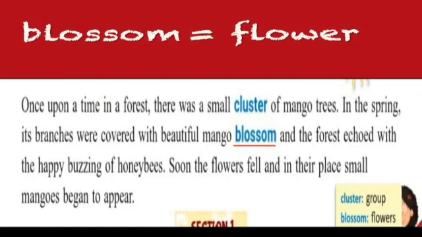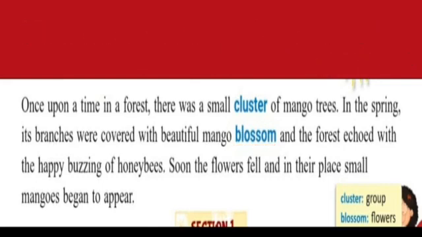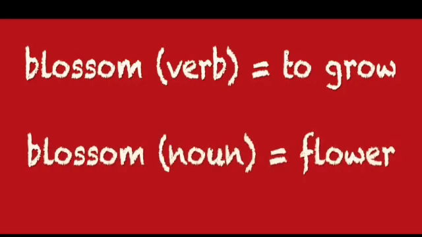So, put a slash beside flower and write one more meaning as shown on the screen. So, blossom means flower slash to grow. When we use blossom as a verb, it means to grow. And when we use the same word blossom as noun, it means flower.